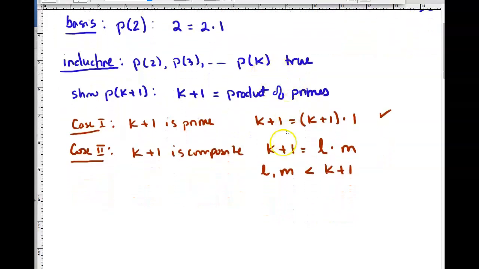They have to be, because if they're the same as k+1, then we're back to case 1. Now, because L and M are less than k+1, the inductive hypothesis kicks in. I'm assuming that all the integers less than k+1 can be written as a product of primes. So because L and M are less than k+1, L can be written as a product of primes.